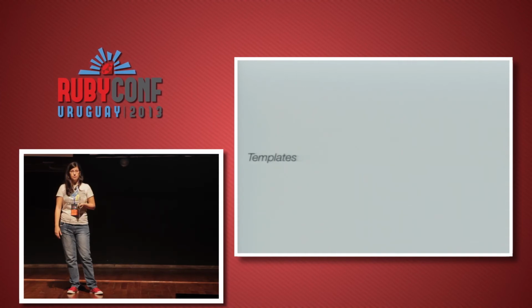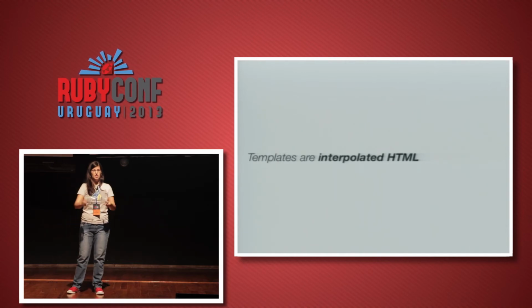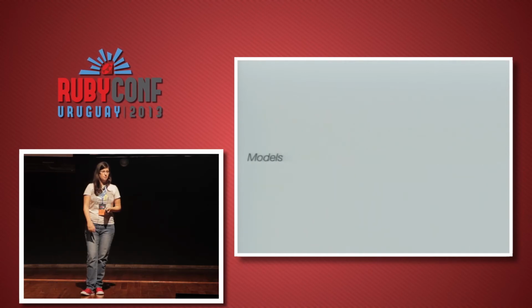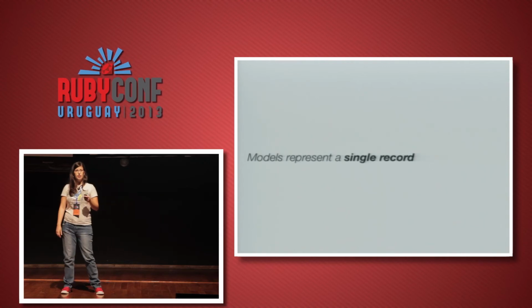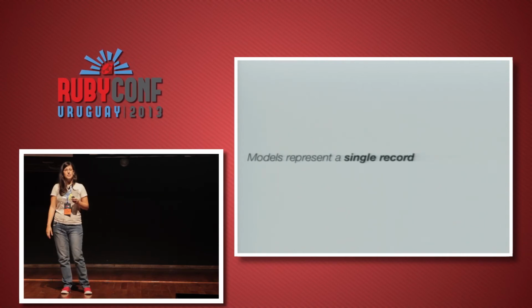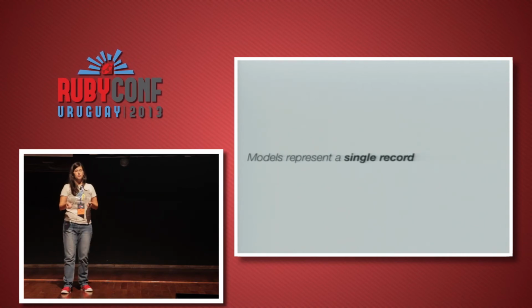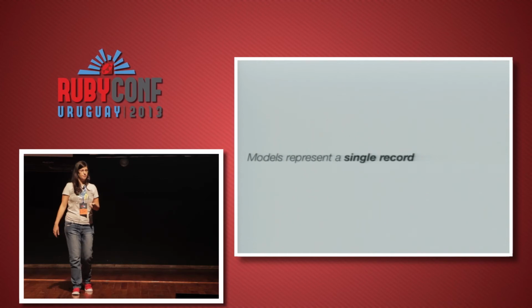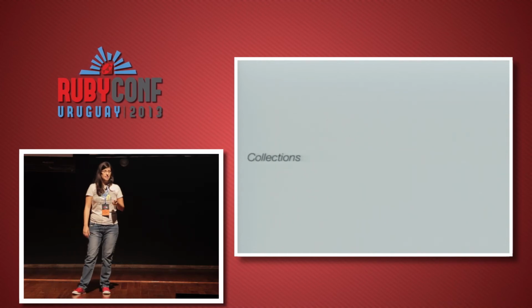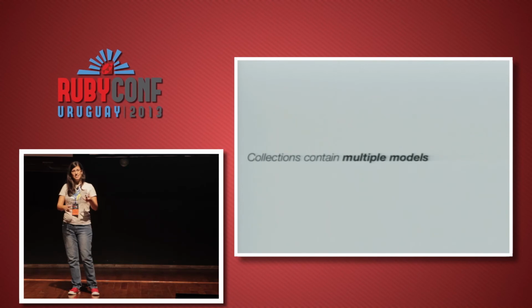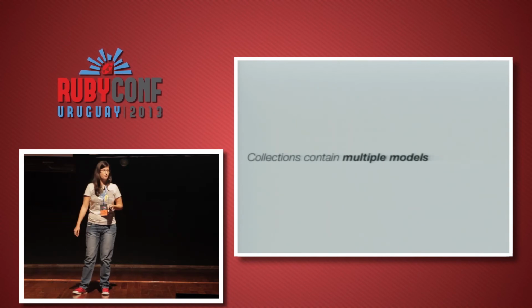And the templates are interpolated HTML. The Backbone models represent a single record, like a tweet. And the collections contain groups of instances of the same model, like tweets.